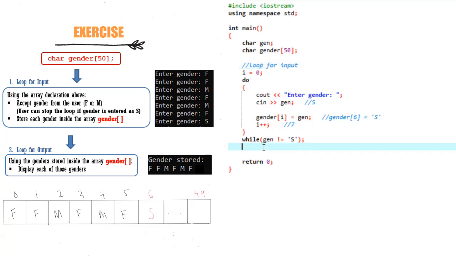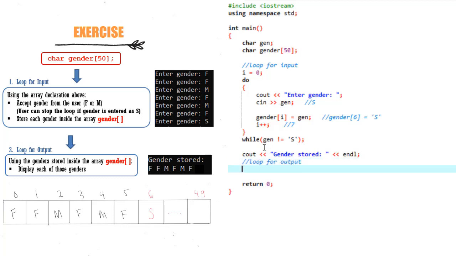Okay, so let's move on to the output. So the output, we want to display cout gender stored, okay, and L, all right? So here we want to do a loop for output, okay?